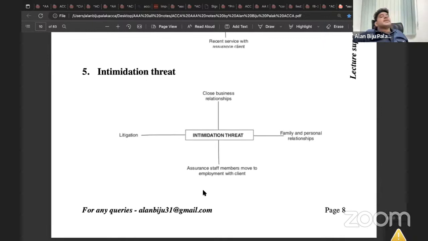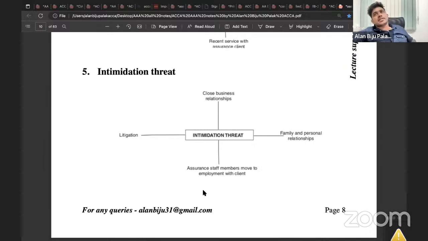And when it comes to the intimidation threat, we have already studied that intimidation threat arises in 3 cases. Which are the cases? Coercion, undue influence, and creating limitation in the scope of audit. What do you mean by coercion? Threatening. Yes, somebody is threatening you.